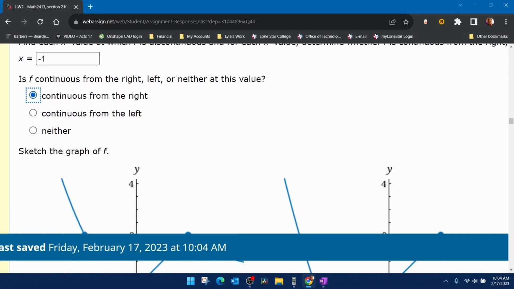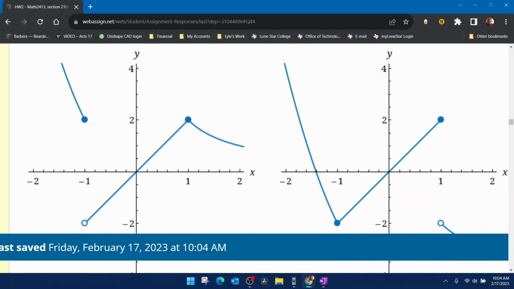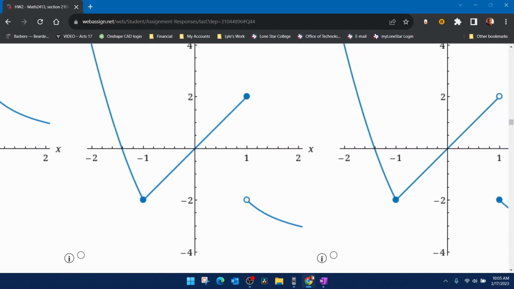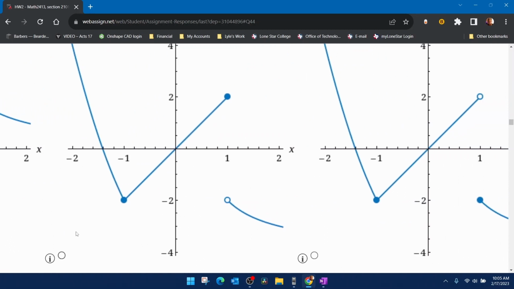And then if they want us to sketch the graph of the function, we know that there's going to be a discontinuity at -1, but coming in from the right has got to be a solid dot because it said -1 less than or equal to x. So it can't be this graph. Okay, it can't be this graph because it's not discontinuous at -1.